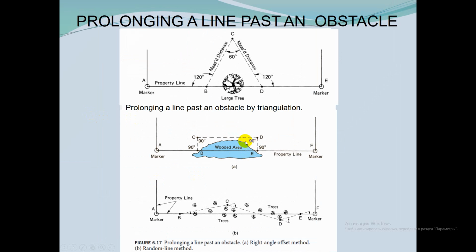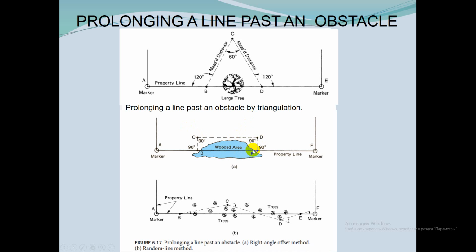So about the first method. On this figure you can see the technique of the right angle offset method. Boundary line AE cannot be run because of the wooded area.